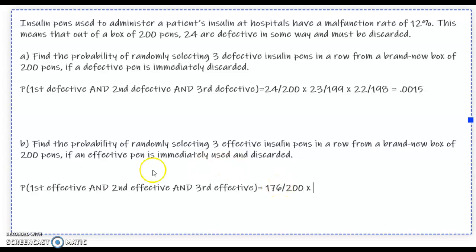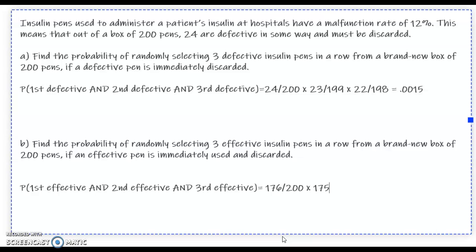All right. Now I need to find the probability of the second pen being effective. Keeping in mind, I've already pulled out an effective pen and I used it and threw it away. So the first one was a good pen and it's gone now. Okay. So I had 176 pens, but I used one. It's gone. So now I have 175 good pens.